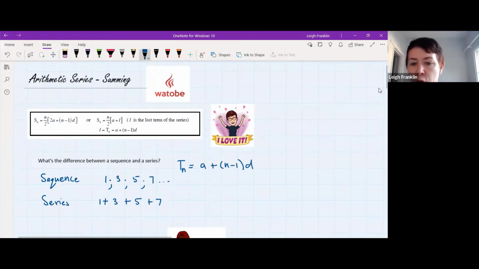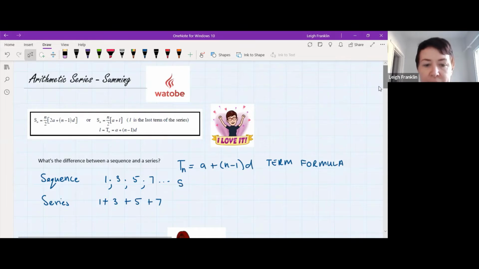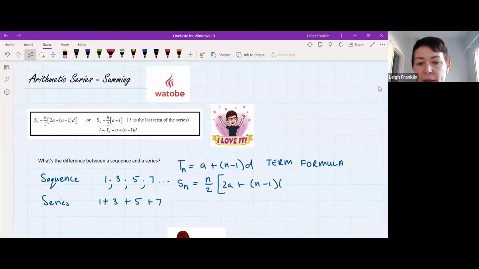This is the term formula. Sn, the sum to n terms, is n over 2 times 2a plus n minus 1 d. That is our sum or series formula.